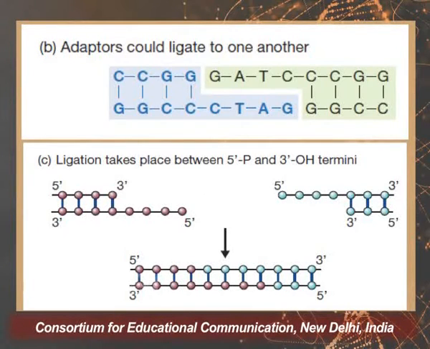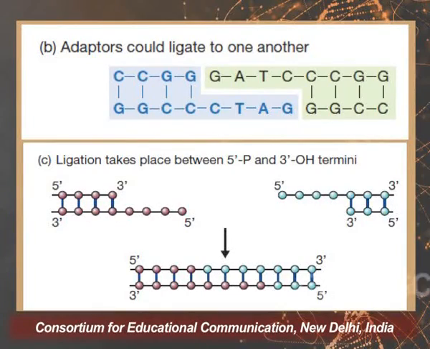But again the problem is that because the sticky ends are compatible, the adapters can join to themselves. One adapter can join to the other adapter molecule and give rise to such a double stranded molecule, and it will not join to the blunt end fragment where we want it to join.